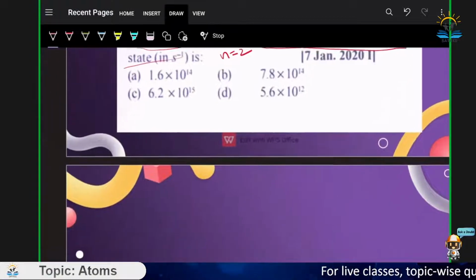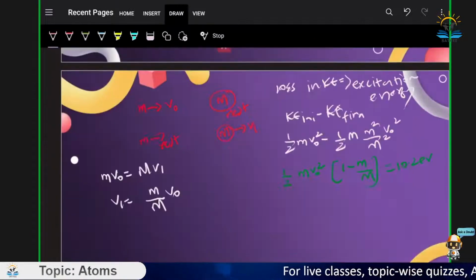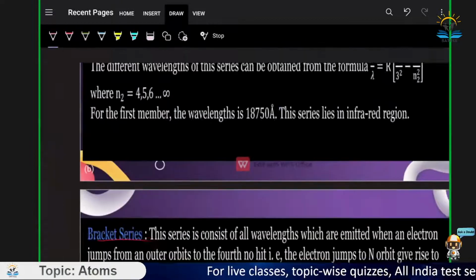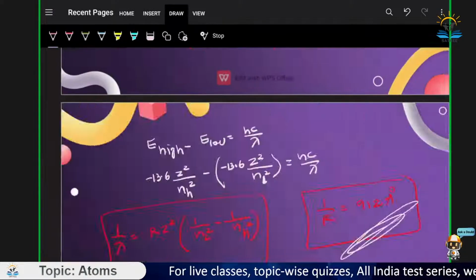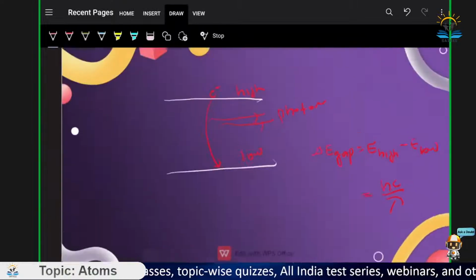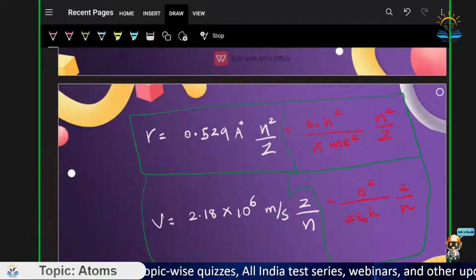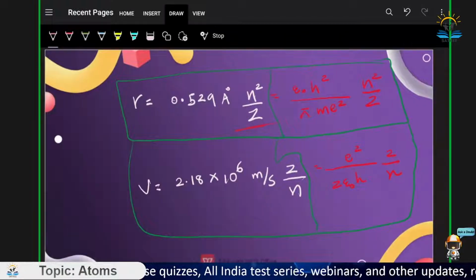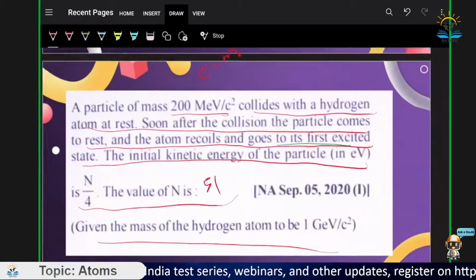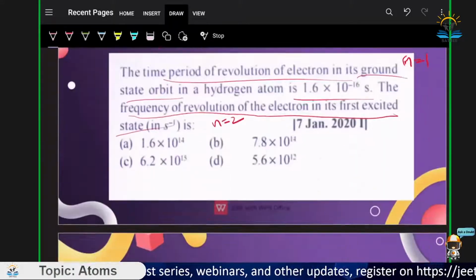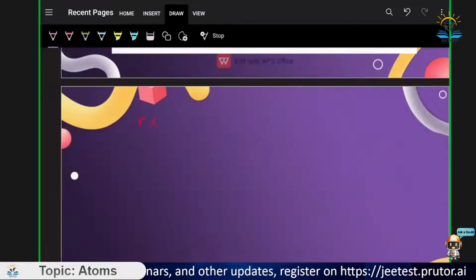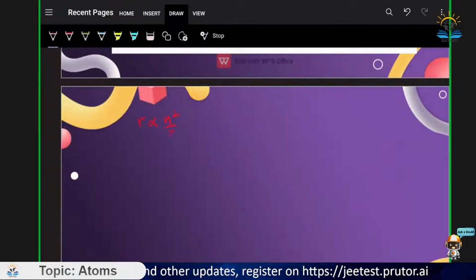We have the radius and velocity equations. Radius is proportional to n square by z.